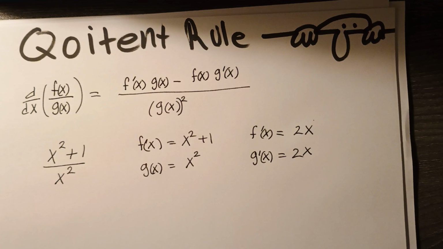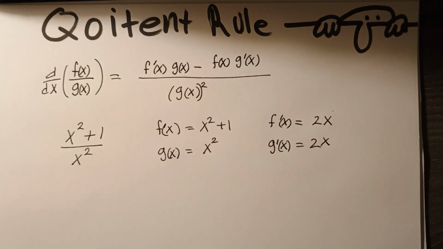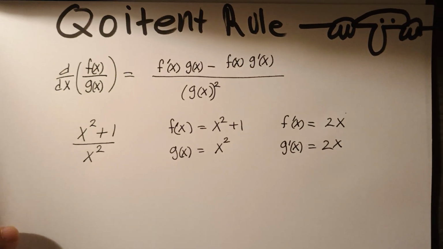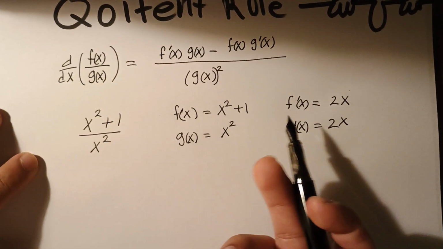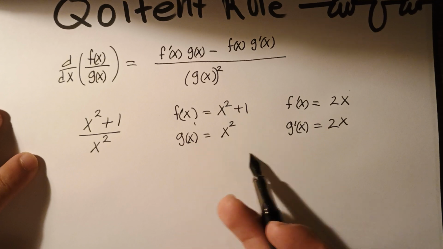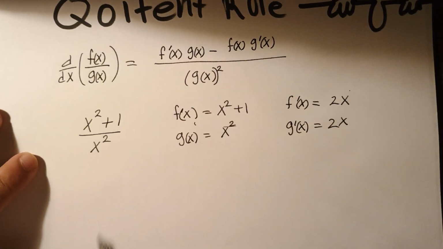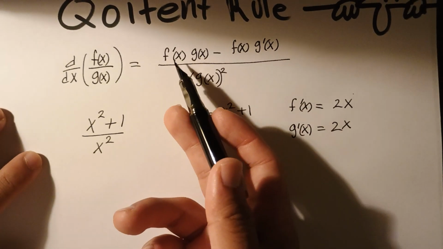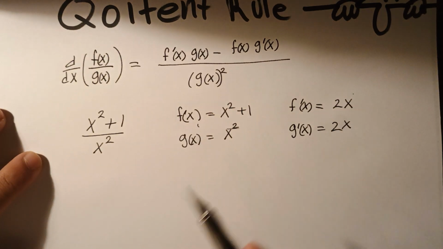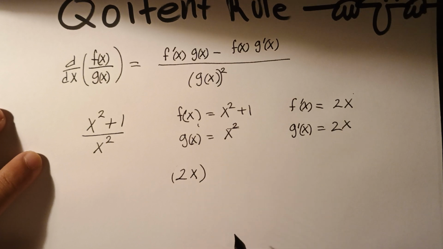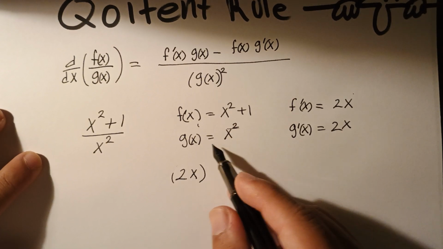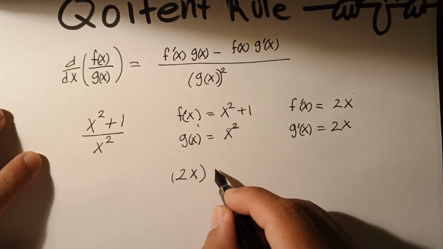Okay, now I'm going to get another piece of paper and work on this. Actually, I think I can do it here. So now we're just going to plug in whatever this is, up in here. That's all we're doing. So we've got g prime here, and we're just going to plug that in: 2x, and we're just going to have the regular g right there.